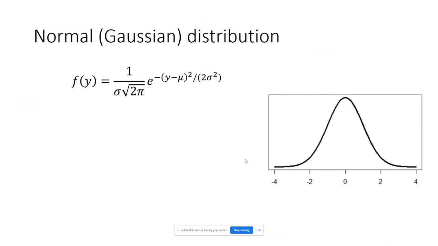So 1 over sigma times the square root of 2 pi times e raised to the power of negative y minus mu quantity squared over 2 sigma squared. So go ahead and take a moment to get that copied down.